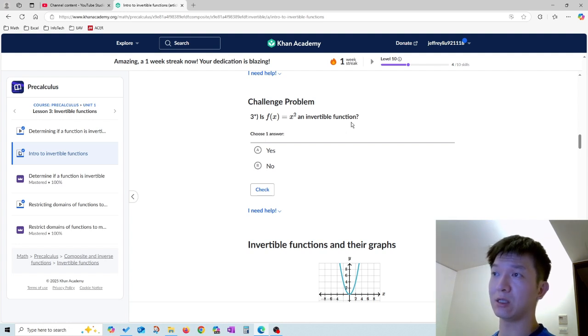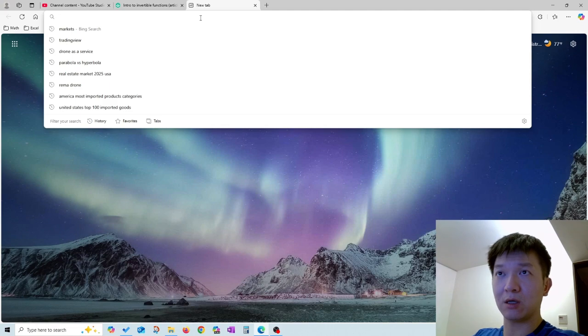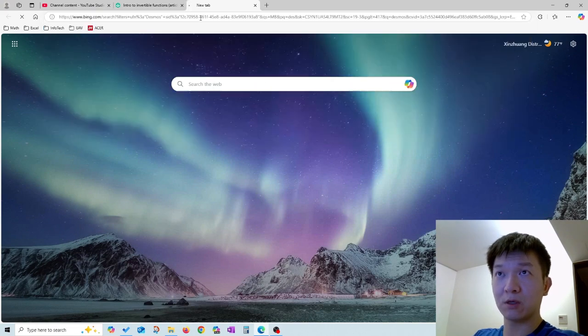That's the number one thing. So if it does not pass the horizontal test, you right away know it is not invertible. But if you want to test some points out, we can. But it's easier to explain it on decimals.